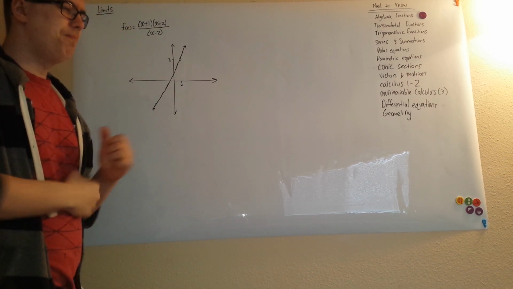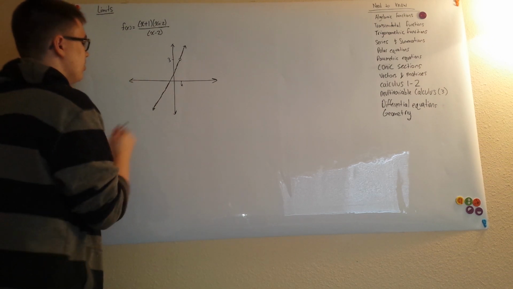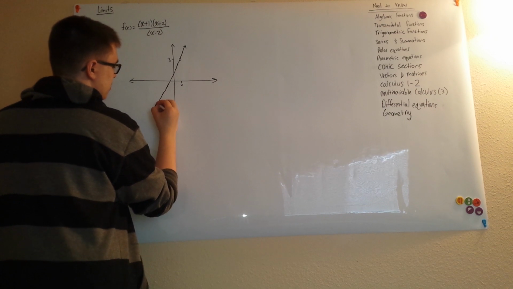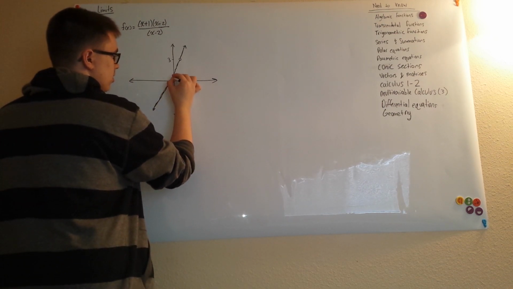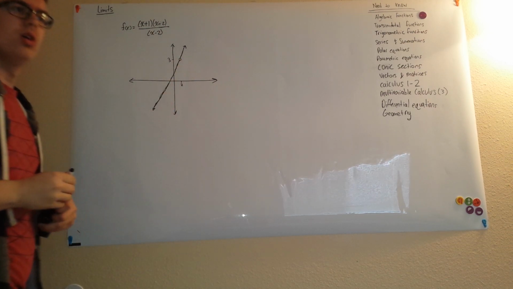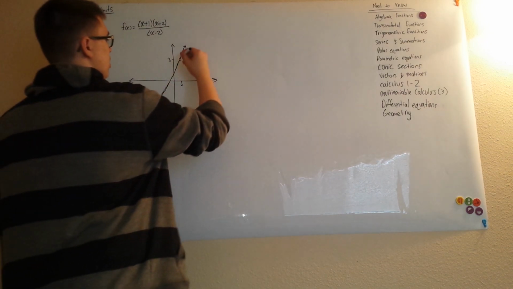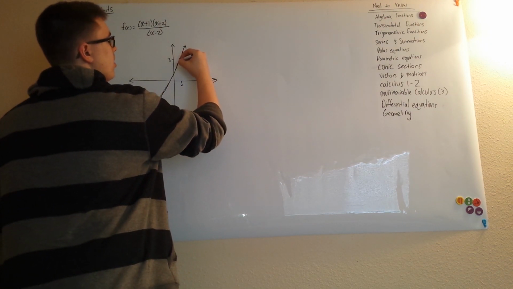Okay. Here's what limits kind of show us. They show you, well, go along the graph. Alright? Let's start with the left side first. And if you go along, you'll see, ooh, you get really, really close to 3, right?